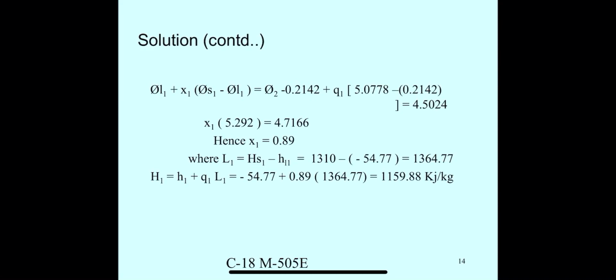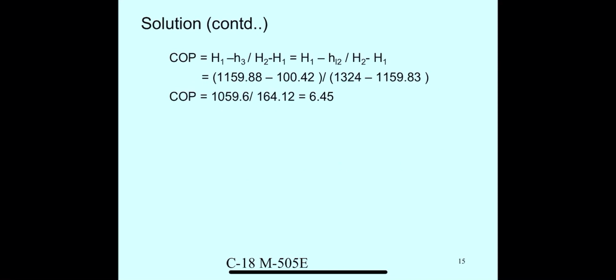Here we use x is 0.91, into the latent heat L1, and we will get directly 1159.88 kilojoules per kg.